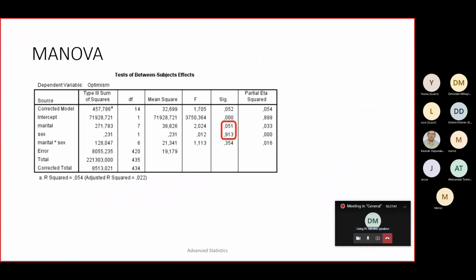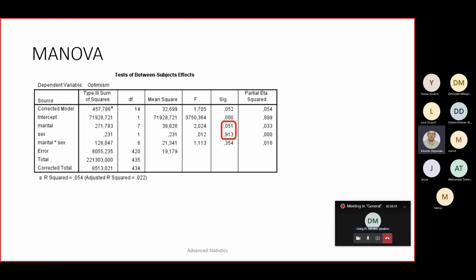After we test the hypothesis of presence of relation for each factor separately, we must measure the strength of the relation. In SPSS, it could be done automatically. Here you can see an additional column, partial eta squared.